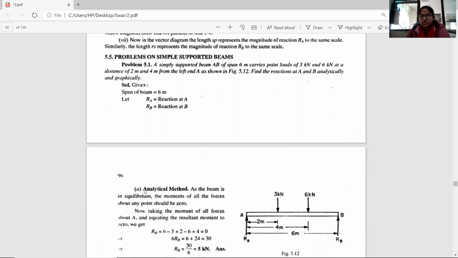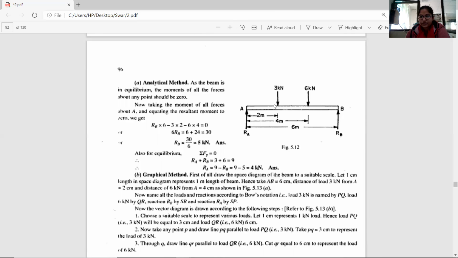The graphical method is not in our course, so let's only talk about the analytical method. The first point of the beam is A and the second point is B. We have loads of 3 kilonewton and 6 kilonewton, which are 2 meters and 4 meters away from point A.